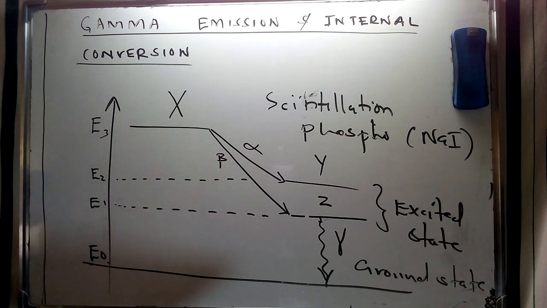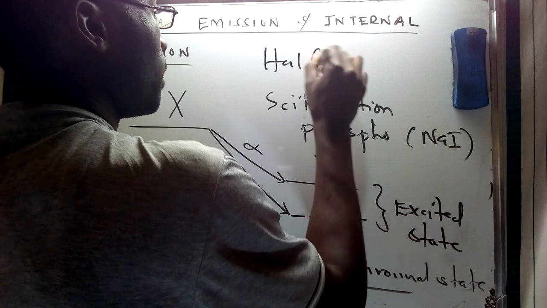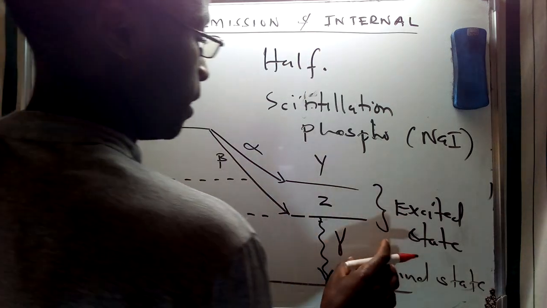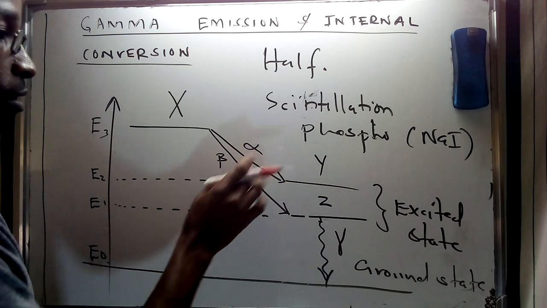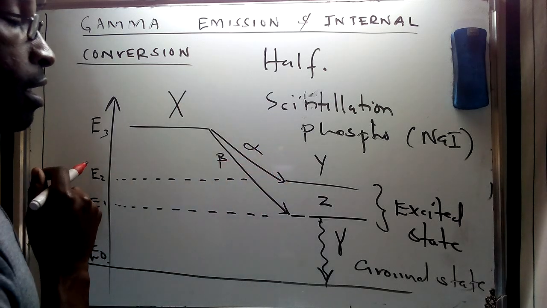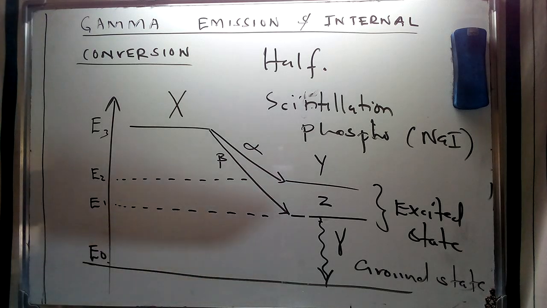We have talked about the concept of a half-life. This process of internal conversion may occur immediately after the processes of alpha and beta decay have occurred, or sometimes it may take a long time, depending on the kind of radioactive isotope that is involved.